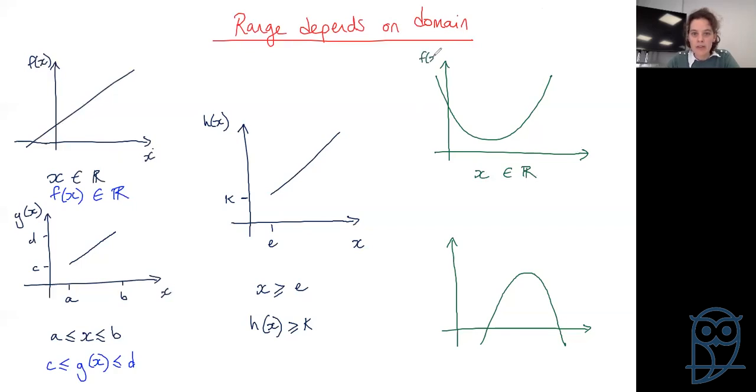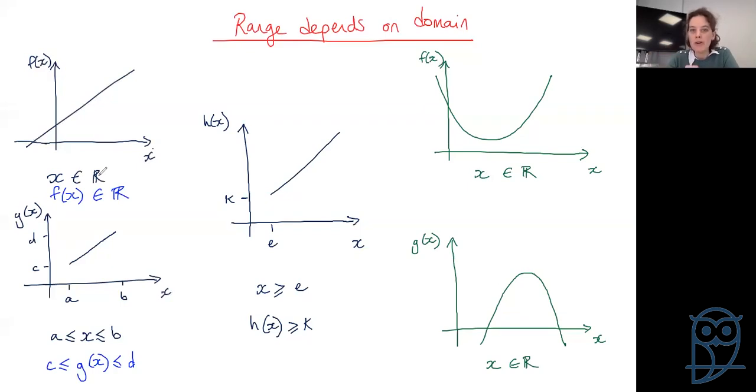Okay, then we have f(x), we have different colors so we can reuse our function names again. And here again, x is an element of any real. But now when we did x is an element of any real number for a straight line, then our range was also any real number.